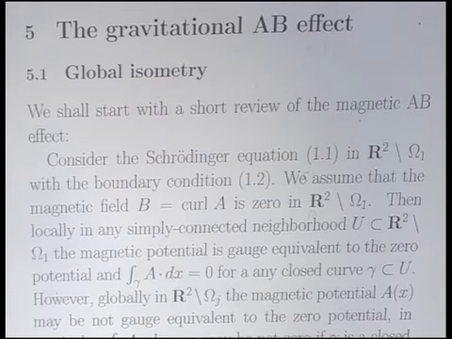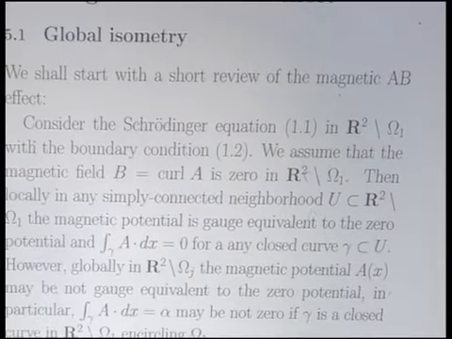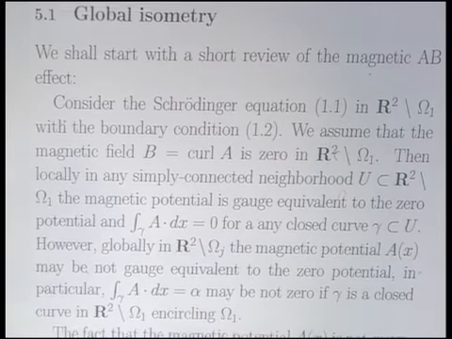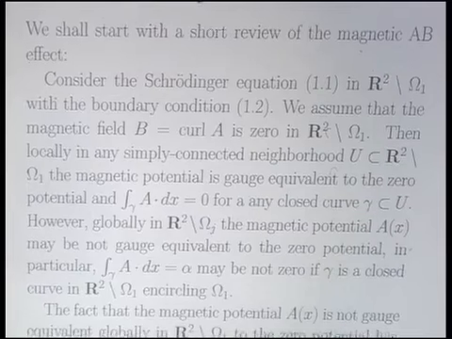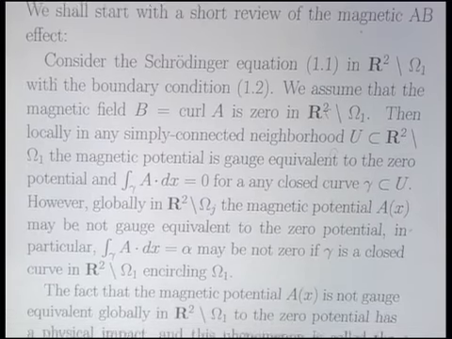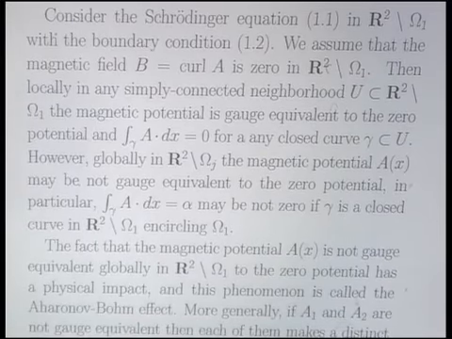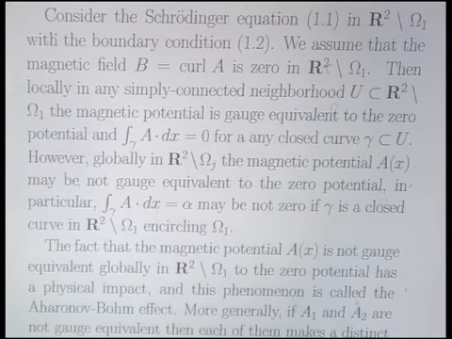So what is the definition of the gravitational Aharonov-Bohm effect? Let us briefly review the electromagnetic Aharonov-Bohm effect. You consider the Schrödinger equation outside, say, of an obstacle. You assume that the magnetic field is equal to 0, that is, the curl is equal to 0.